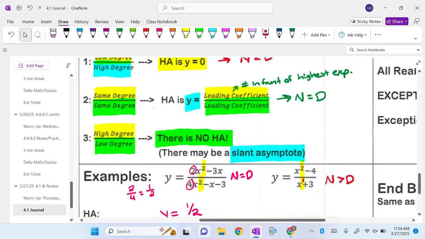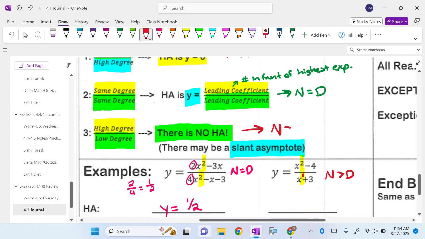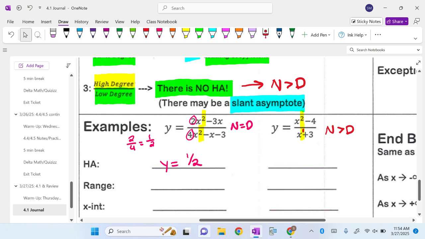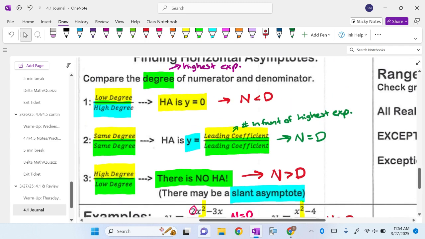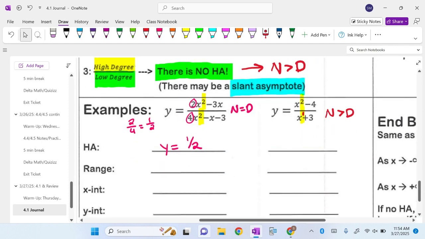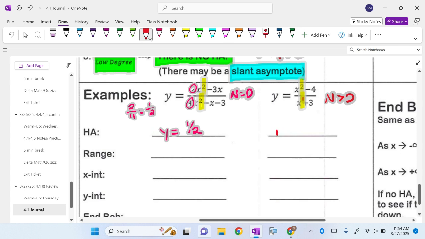So if the numerator is greater than the denominator, what does the condition up here say? There's no asymptote. Good. So there's no horizontal asymptote.